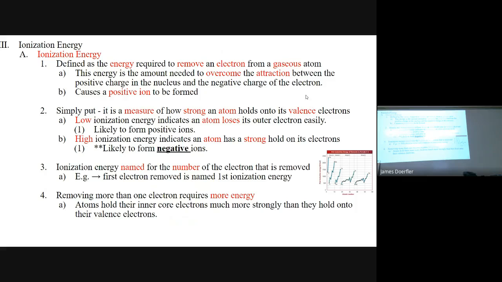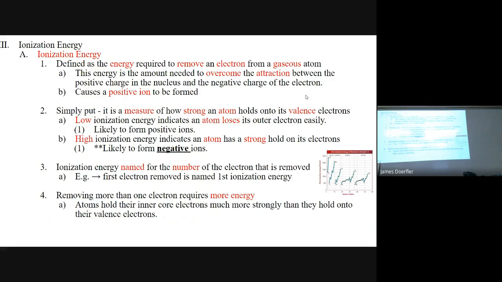And when this happens, when you have electrons that are being removed, you then form a positive ion. So in normal everyday terms, it's a measure of how strong an atom can hold on to those valence electrons. If an atom has low ionization energy, it means it's going to be rather easy for those atoms to lose their valence electrons.